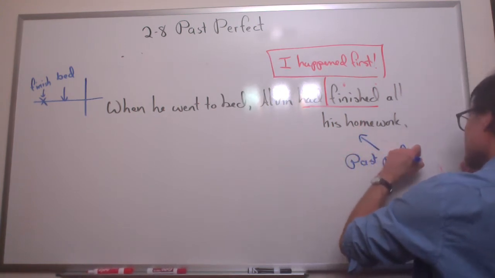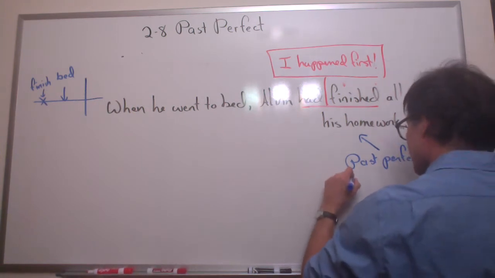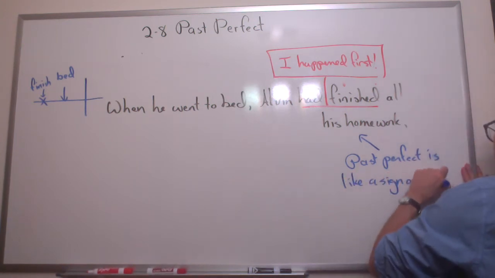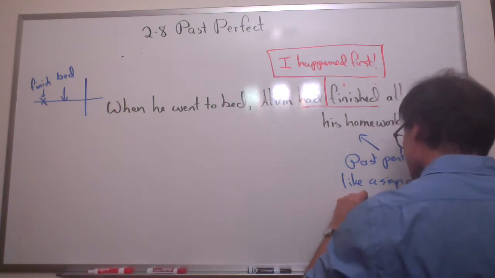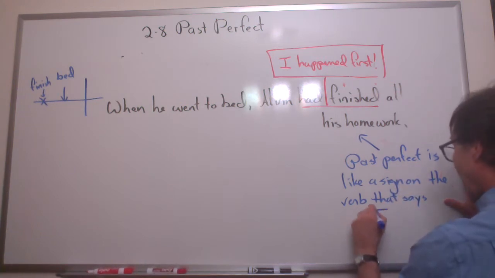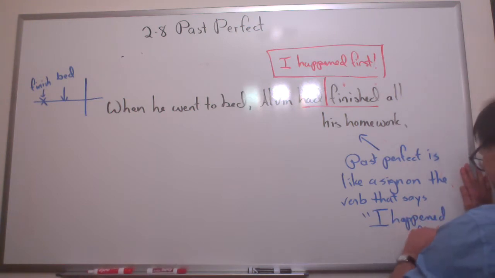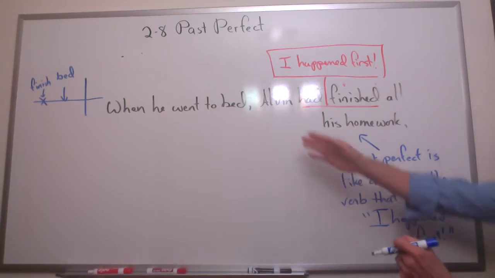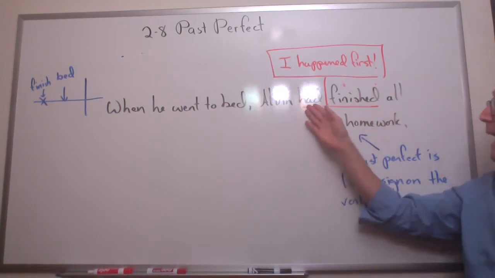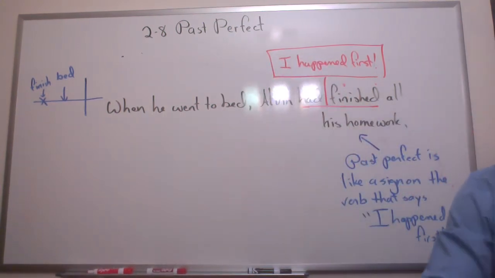Past perfect is like a sign on the verb that says, I happened first. Okay, so when he went to bed, Alvin had finished all his homework. When I see had finished, past perfect, then I know this one happened first.